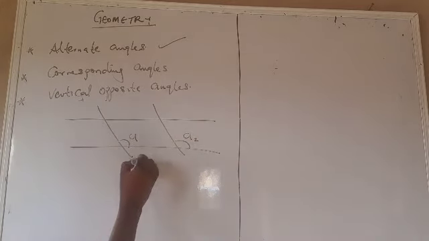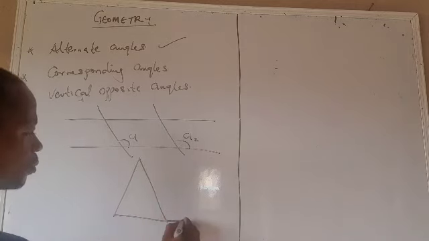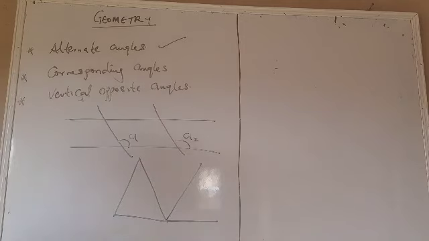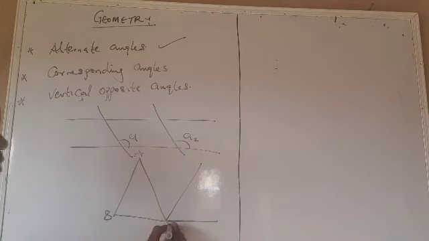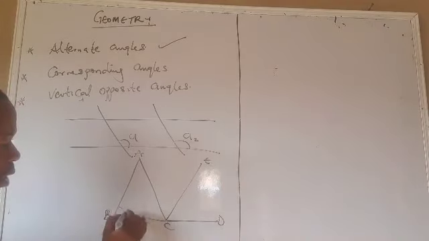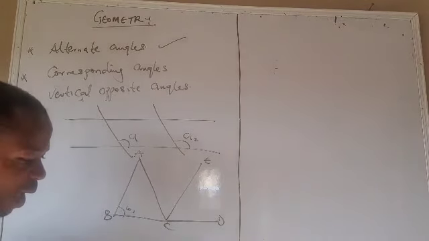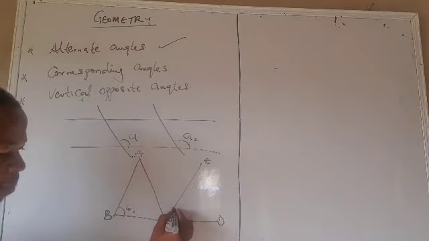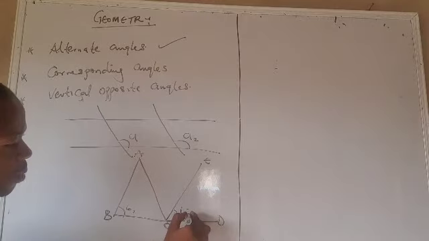Similarly, if you have a triangle drawn like this, A, B, C, D, E, this angle I call B1, and I call this angle here B2.